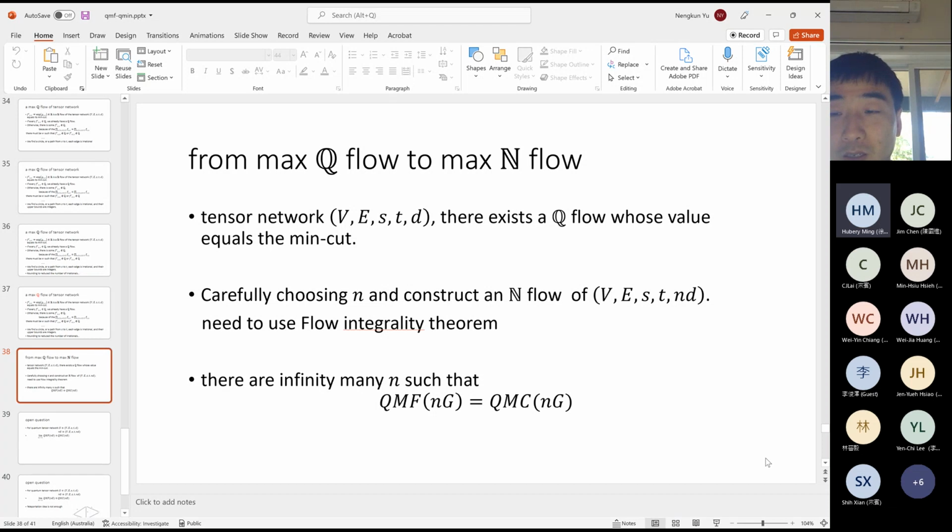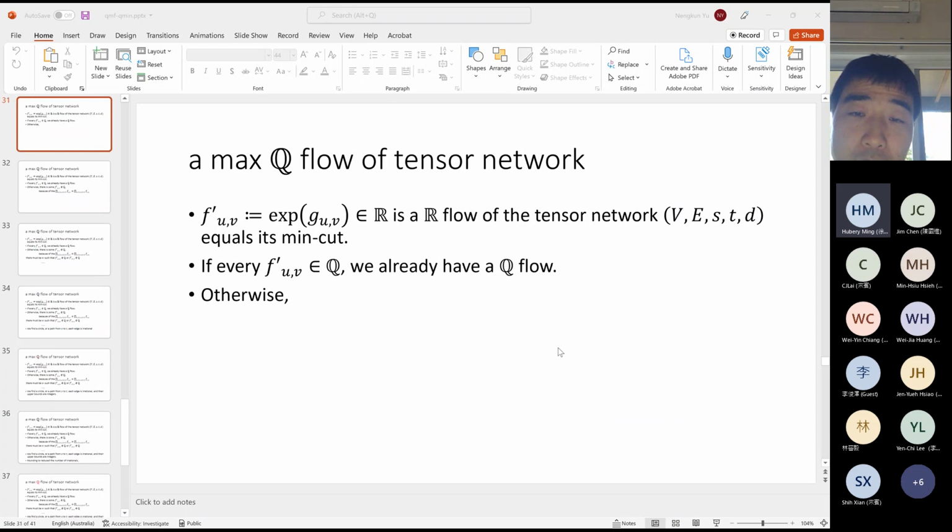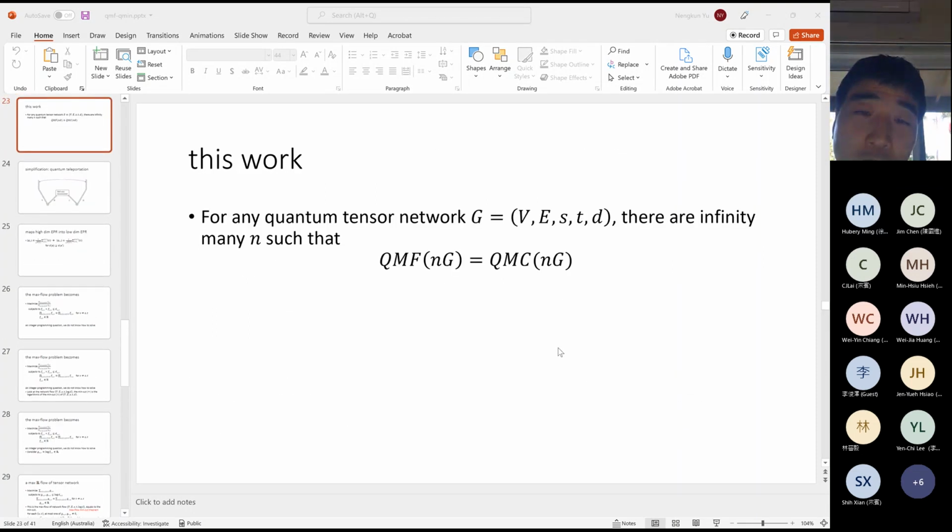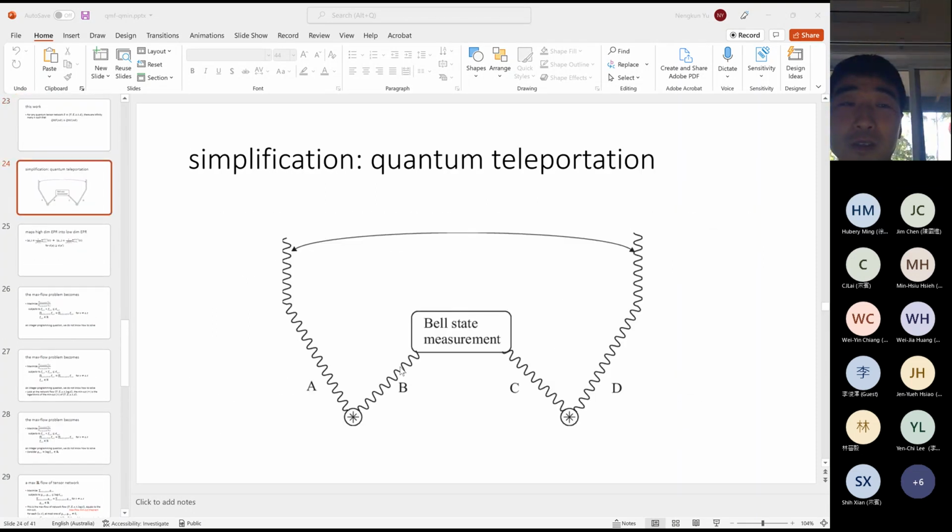How's the flow in the state transfer? Is there any state transfer, or how's the flow in the state? You just use teleportation, right? Just teleportation. So if you have an integer flow, then you can simply perform teleportation to transfer this dimension to that dimension and eliminate all the rest.